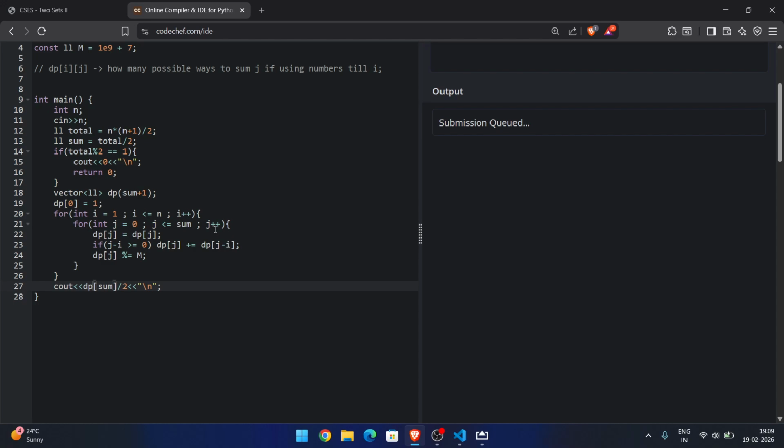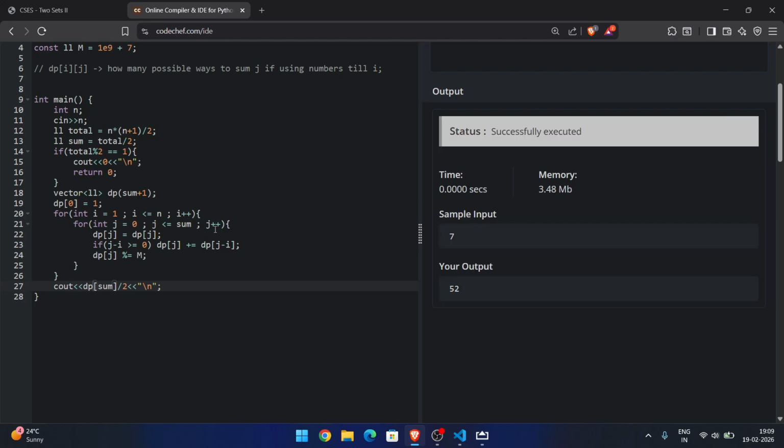Okay, now there is one more thing that we have to do. See, that was what I was talking about: we have to start from the end. As I told you earlier, the effect will carry forward.